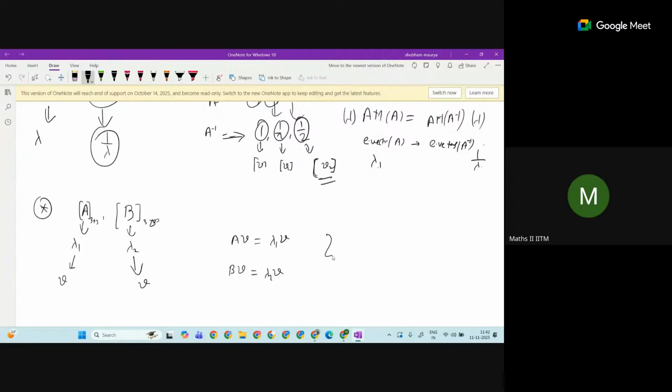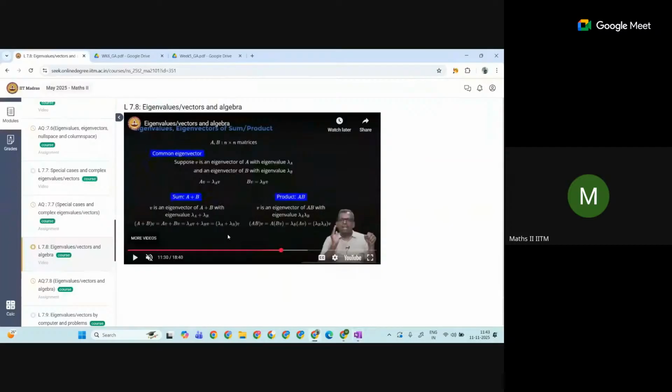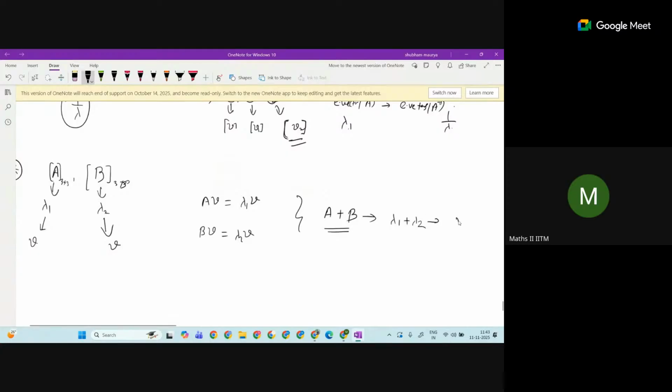In that case, if you add them, the eigenvalue for A plus B is going to be lambda 1 plus lambda 2, and the corresponding eigenvector is the same V.